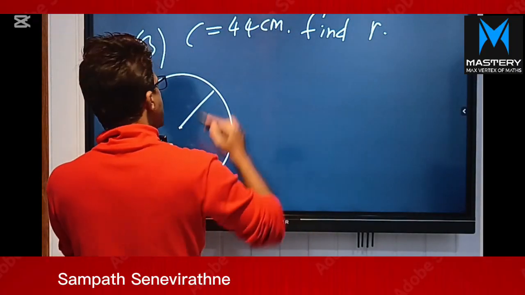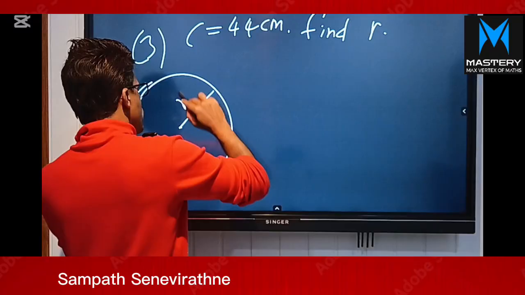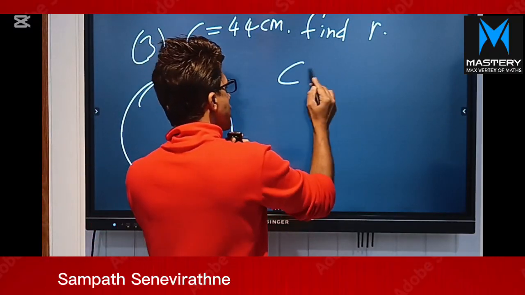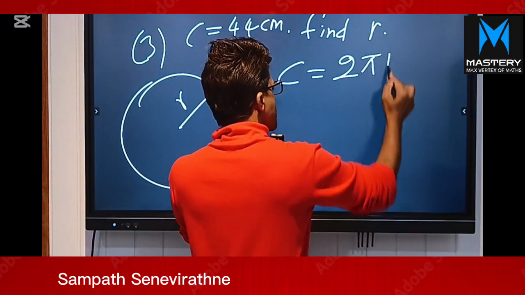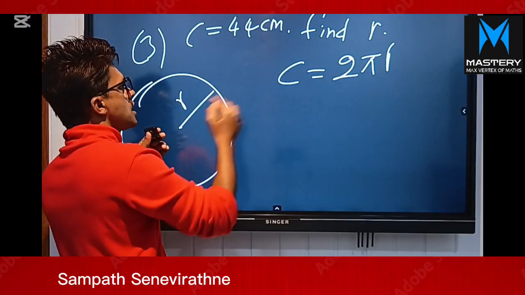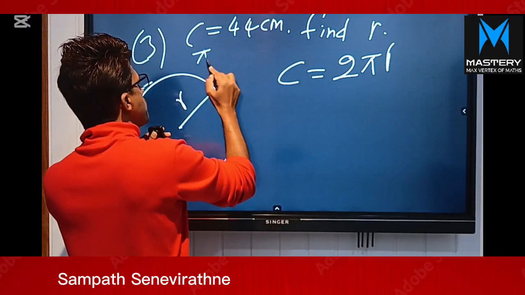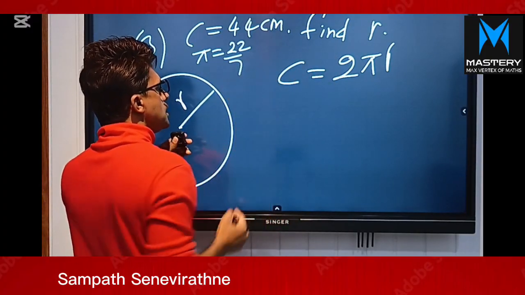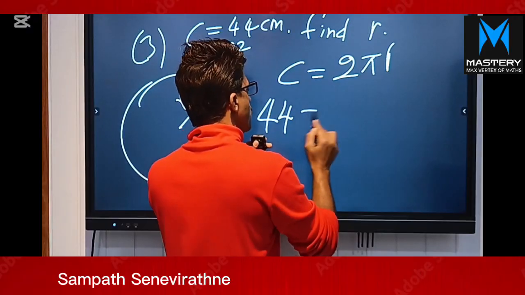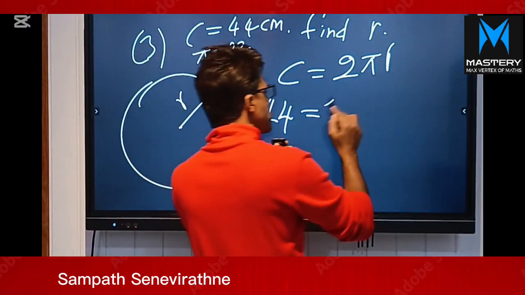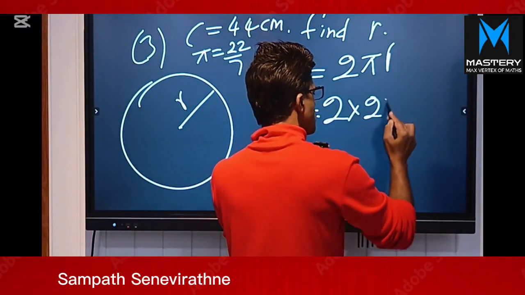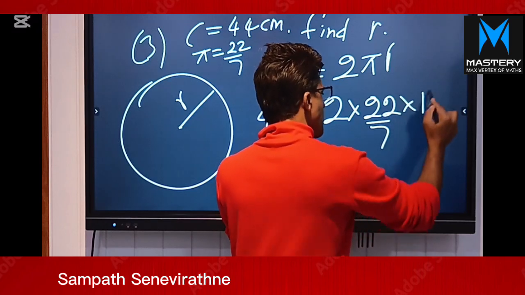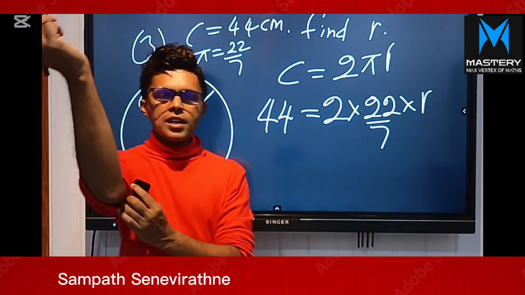Then C equals 2πr. We know C and we know π, which equals 22 over 7. C equals 44 cm. So r should be calculated.